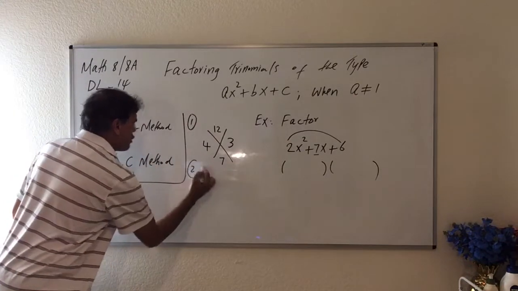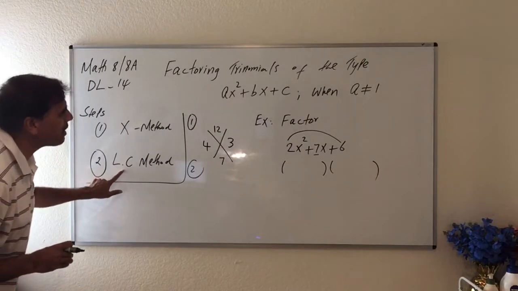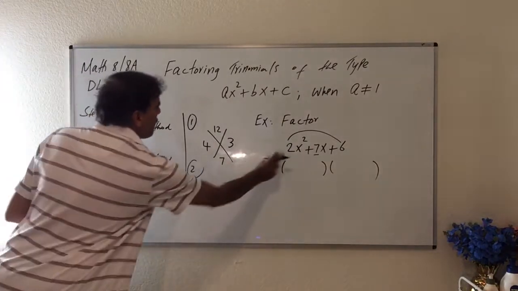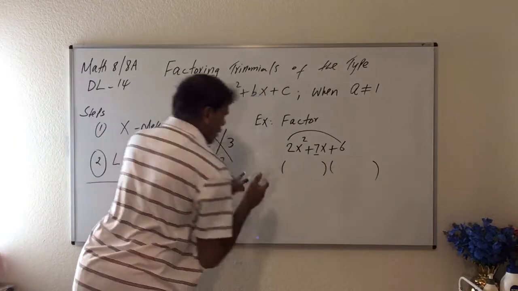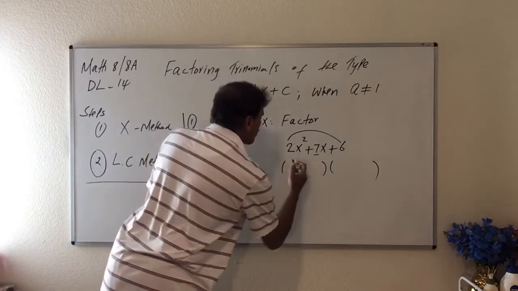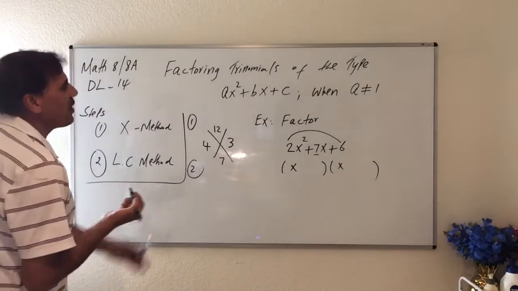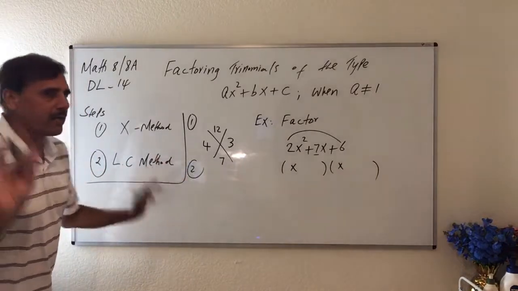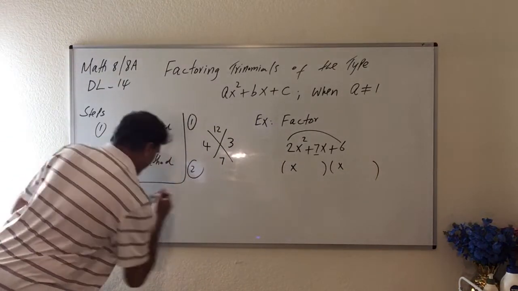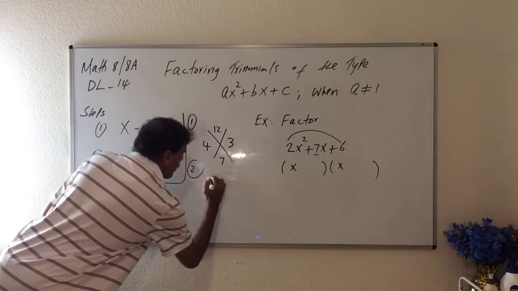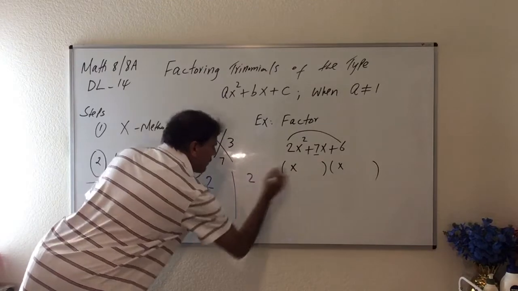Step 2 is we use the LC method. LC is for the leading coefficient. The leading coefficient here is 2. So how many factors are we going to get here? 2. So we know x times x is x squared. Now we need to fill in the rest, so watch very carefully. What is the leading coefficient? 2. Write the leading coefficient twice, since there are two factors.